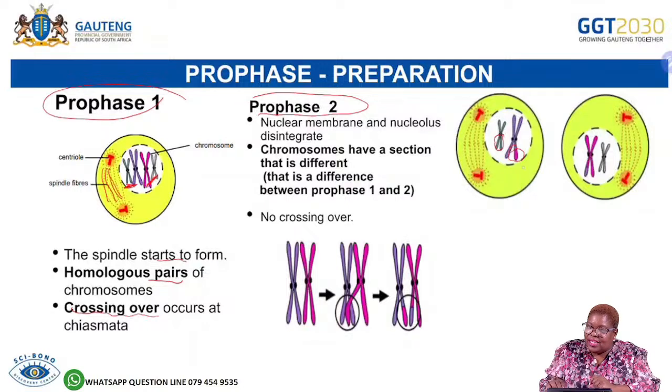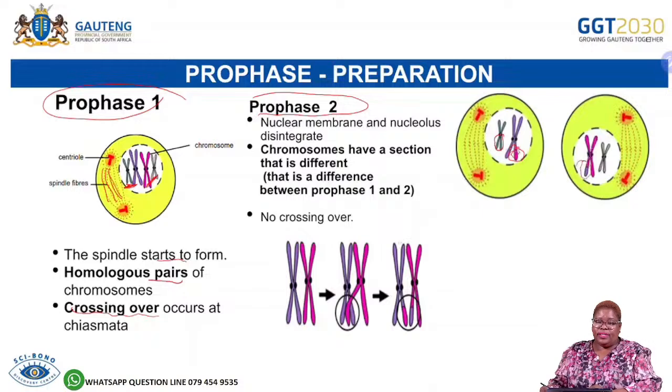Now, where is that section? Can you see this section? With this one, I'll just talk about the color. This is gray, but this section is pink. This is pink, but this section is gray.